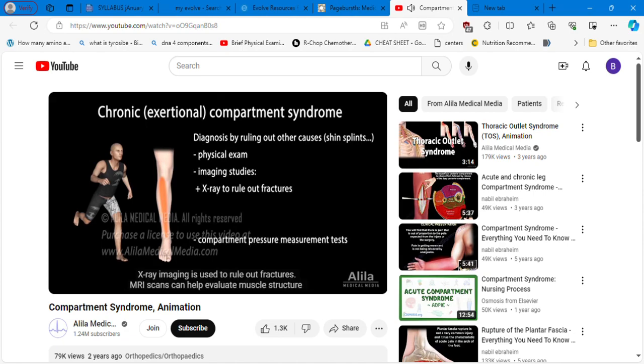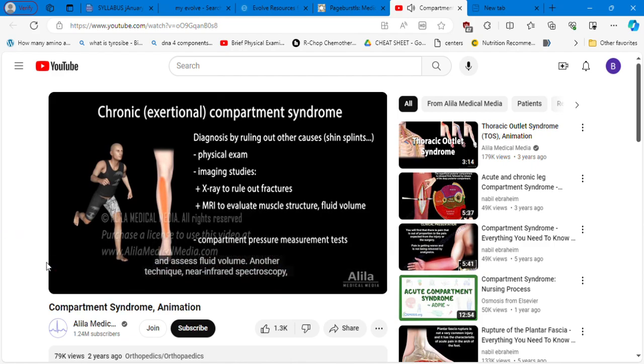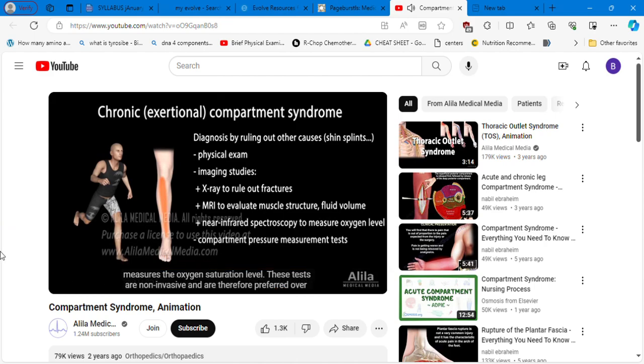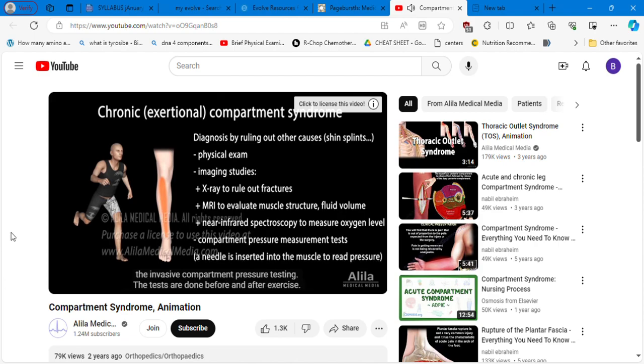X-ray imaging is used to rule out fractures. MRI scans can help evaluate muscle structure and assess fluid volume. Another technique, near-infrared spectroscopy, measures the oxygen saturation level. These tests are non-invasive and are therefore preferred over the invasive compartment pressure testing. The tests are done before and after exercise.